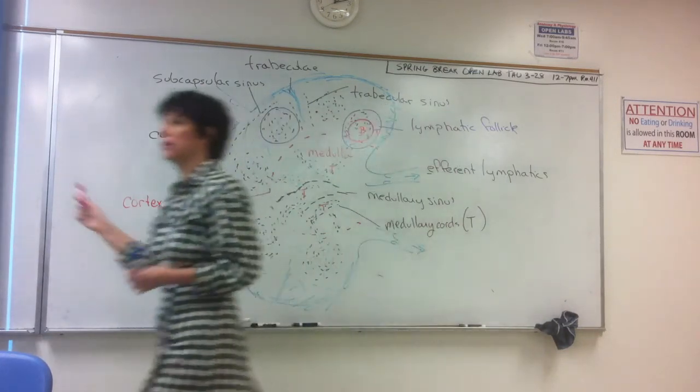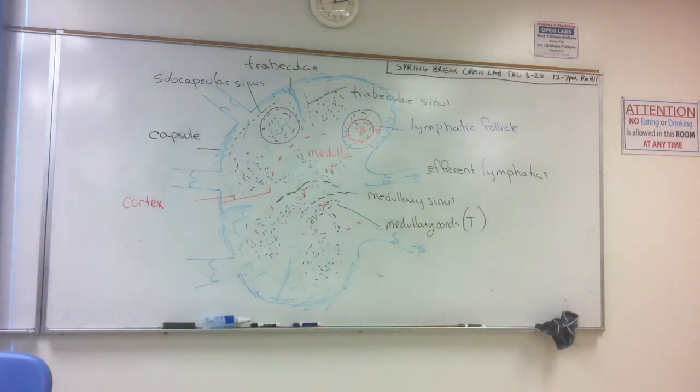So if we look at this diagram again, out here where you see the solid purple would be the T lymphocytes. The germinal center is because of the B lymphocytes, and these again would be primarily T lymphocytes.